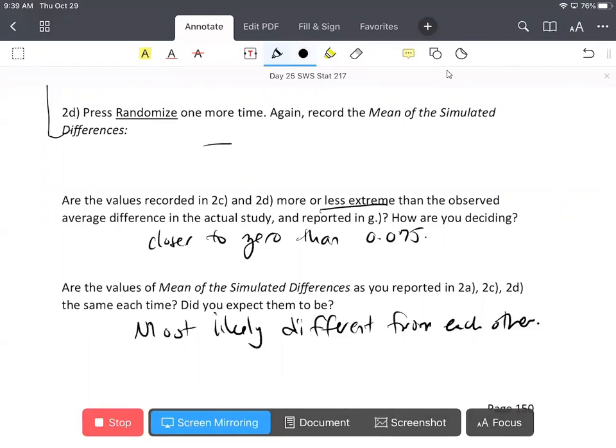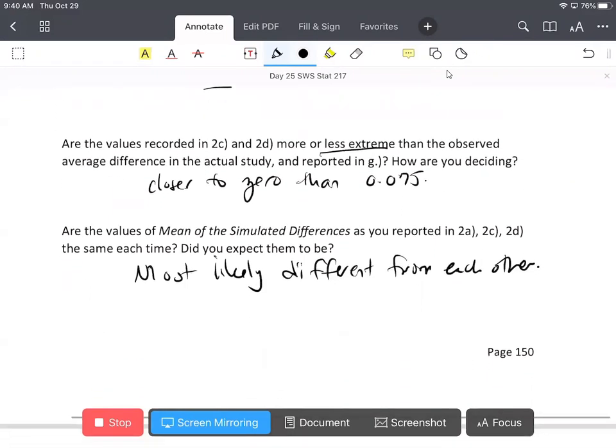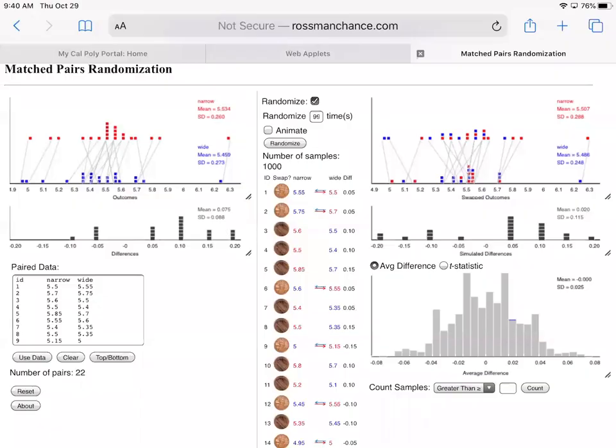So now let's go back to the other screen and take a peek at it and make sure that we fully understand it. Okay, so back to where we were. There's 1,000 repetitions total. This right here is our last rep, in other words, that last flip, the 1,000th flip.